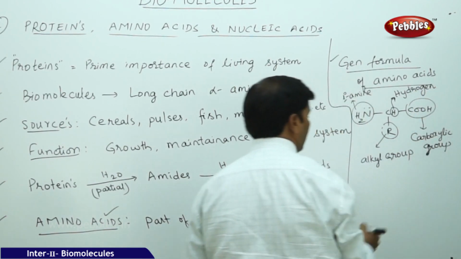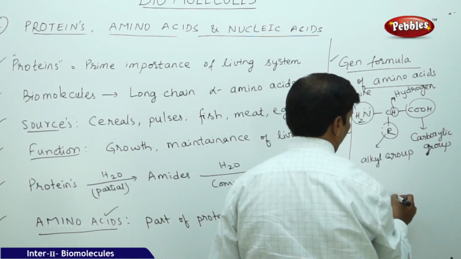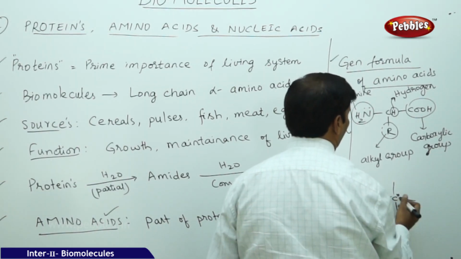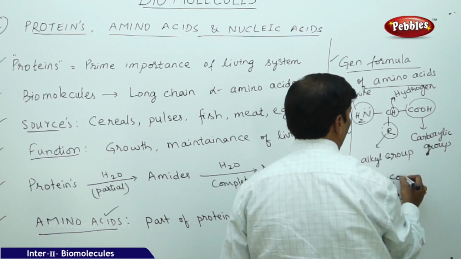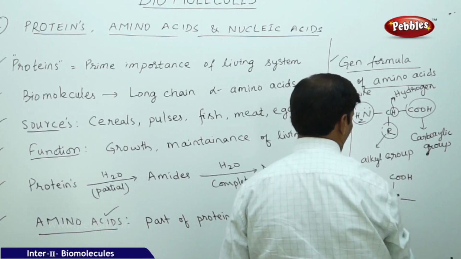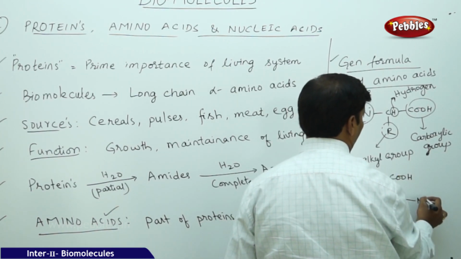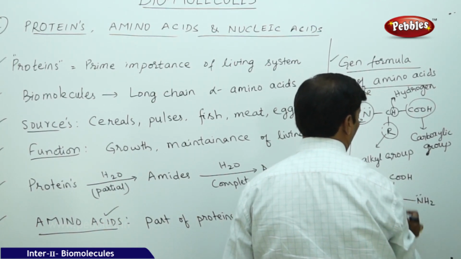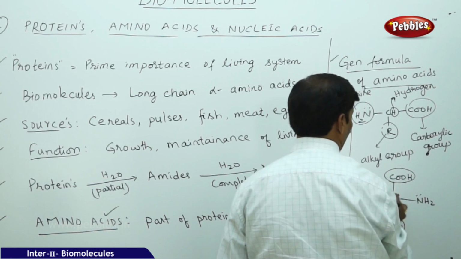That means an amino acid is an optically active compound. If you consider the carbon as a stereogenic carbon, then it contains one carboxylic group, one hydrogen, one NH2 group, and one alkyl group. So the 4 groups are different.